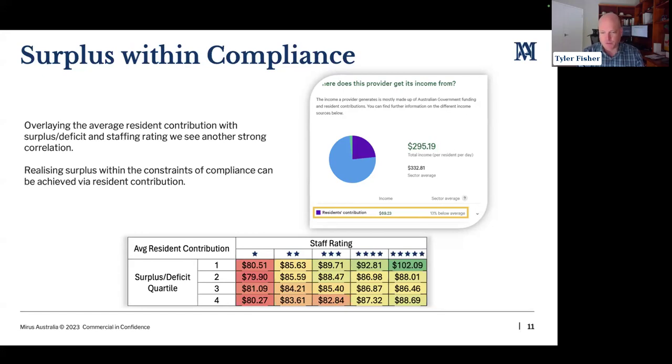And so really what this is telling us is meeting the care minute requirements leaves very little AN-ACC funding left over. Services have to roster almost perfectly and manage AN-ACC perfectly to align to the roster just to not be in deficit.